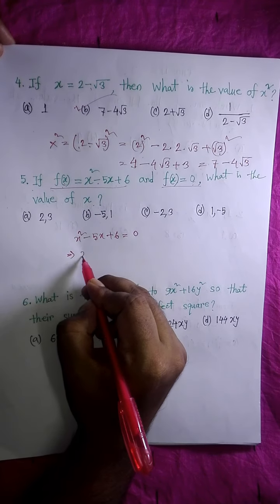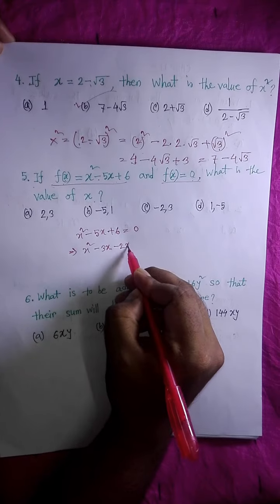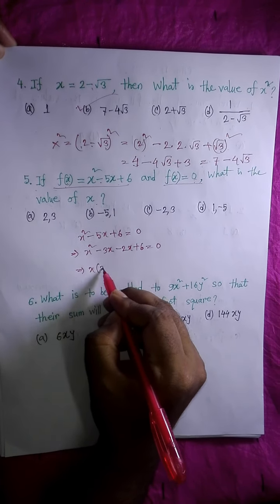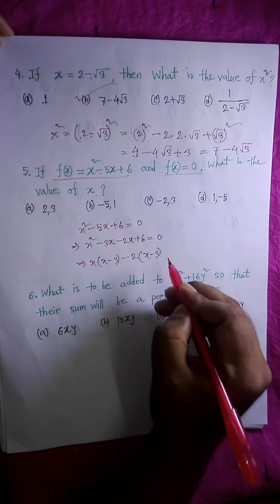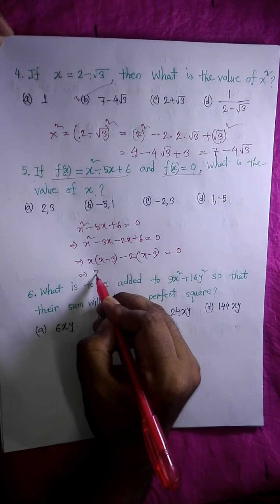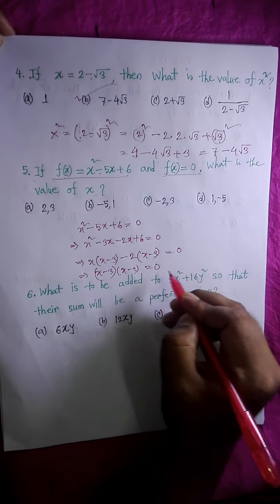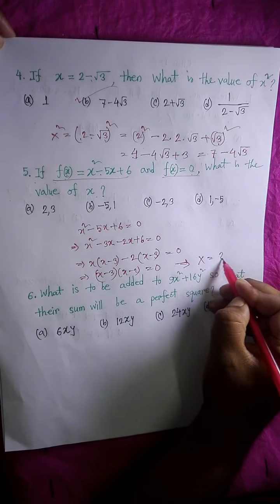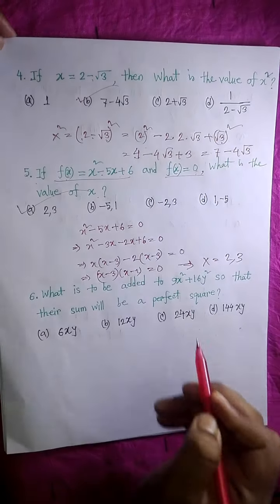We can write x square minus 3x minus 2x plus 6 equals 0. Then by taking x common we get x minus 3, taking 2 common we get x minus 3, equals 0. So (x minus 3)(x minus 2) equals 0. From here we get x equals 2 and x equals 3, so our answer is A.